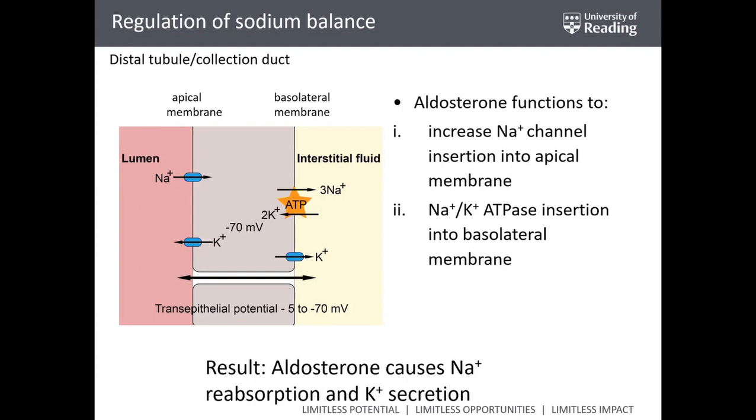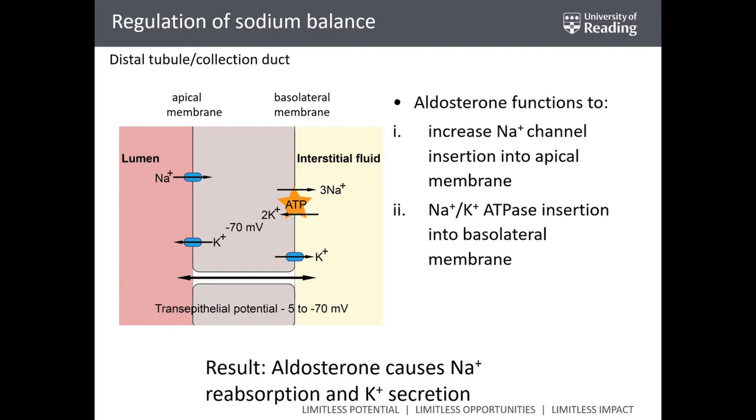lumen. So here we're talking about transepithelial potential, the potential difference that there is between the lumen and the interstitial fluid. Remember, not the plasma membrane potential. The transepithelial potential is a different thing. So because of the generation of this transepithelial potential, then we will have a driving force for potassium.